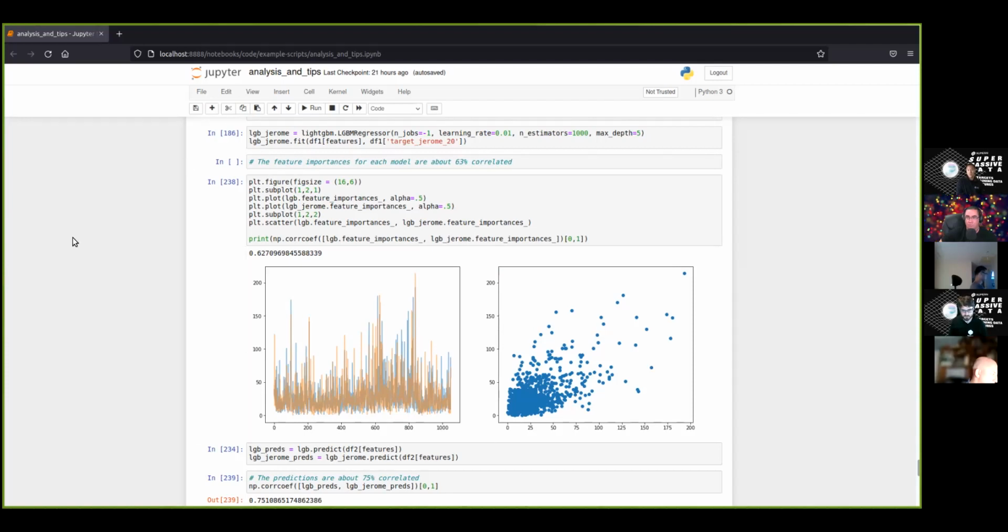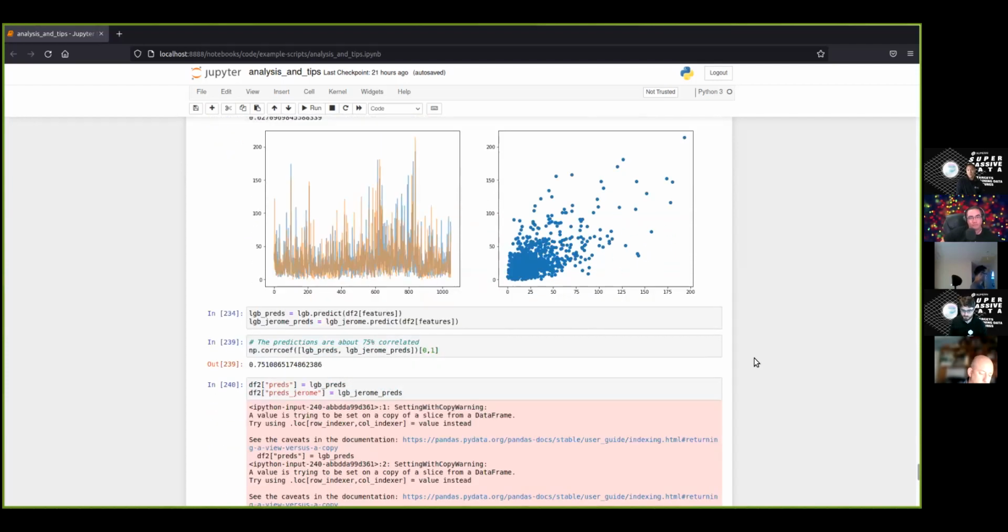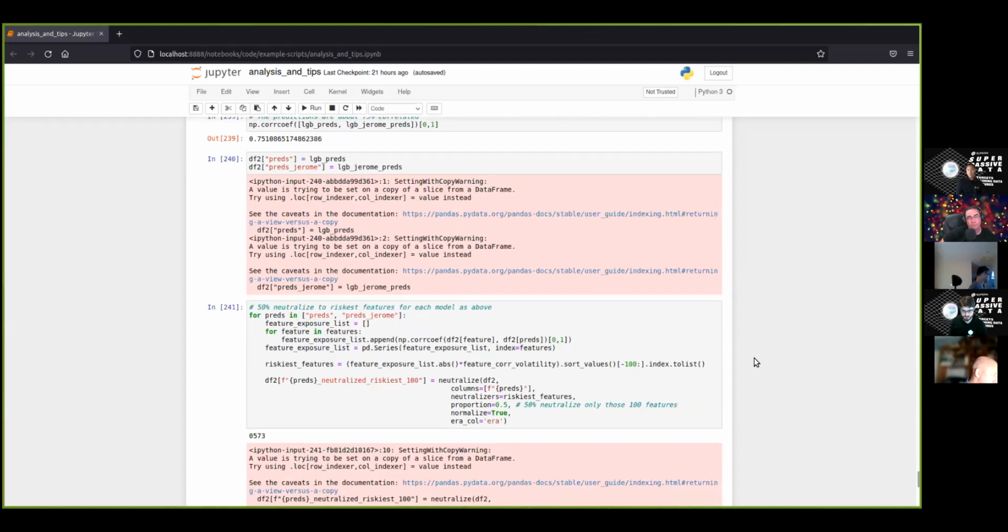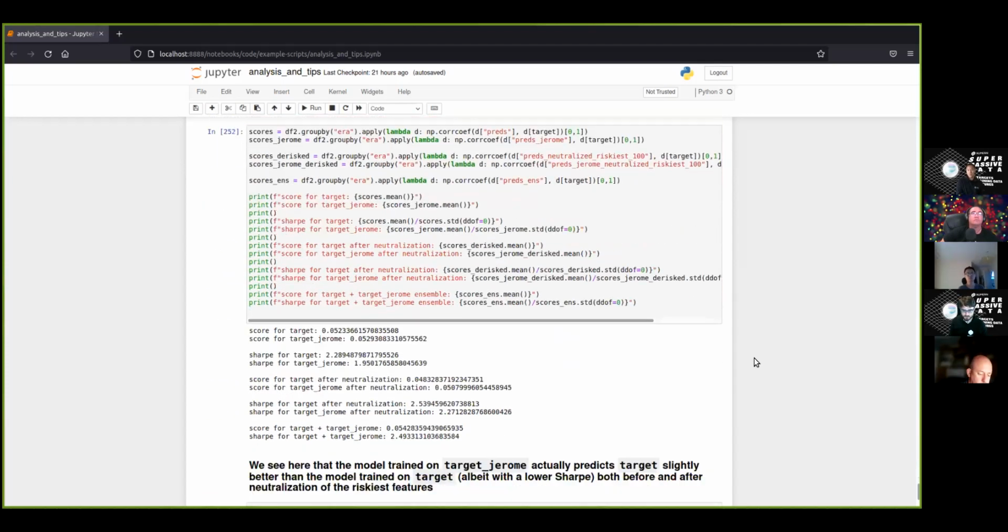So that's one of the reasons that I would encourage people to look at the alternate targets as a way to get MMC. Also, these things can be great for just ensembling. This is just looking at the score for the model trained on target, both before and after neutralization, and for just an ensemble of the two neutralized versions.